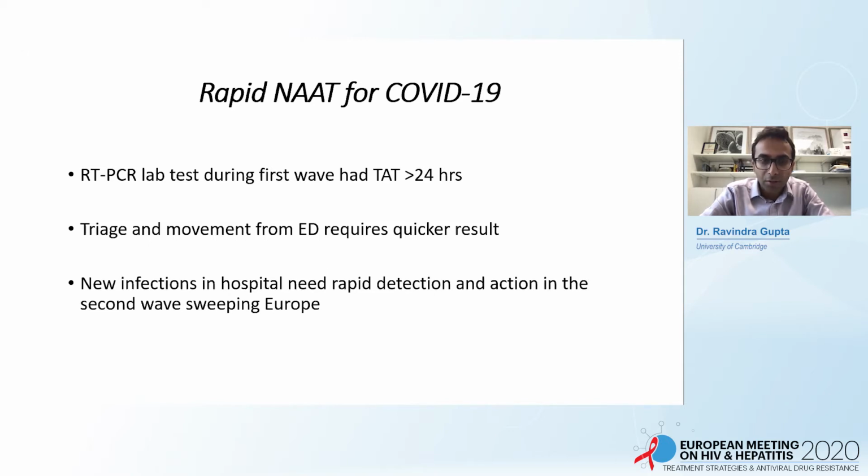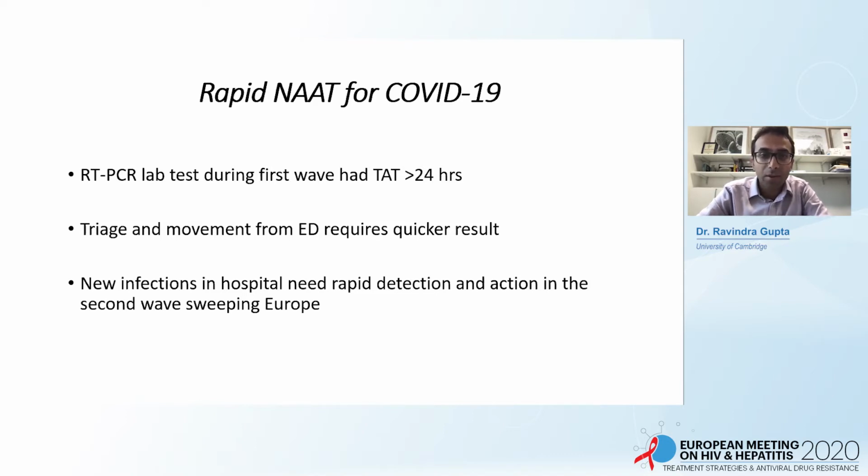Of course, when you have a patient coming in with suspected symptoms, you need to make a diagnosis quickly because this disease looks like many other diseases and we need to differentiate them because of infection control purposes. So we need a rapid triage, which means to make the diagnosis quickly, and then movement from the emergency department into containment areas, either high-level containment or in terms of a side room, or cohorting if there is a strain on the numbers of side rooms.